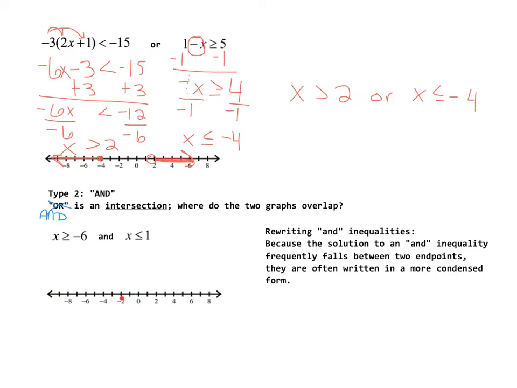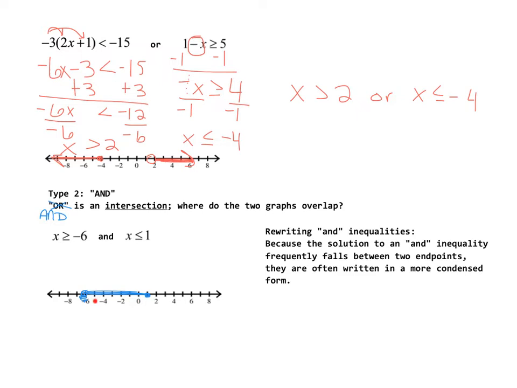Well, those two graphs would overlap between negative 6 and positive 1, right? So we're going to put a closed circle on negative 6, a closed circle on 1, and it's everything in between.